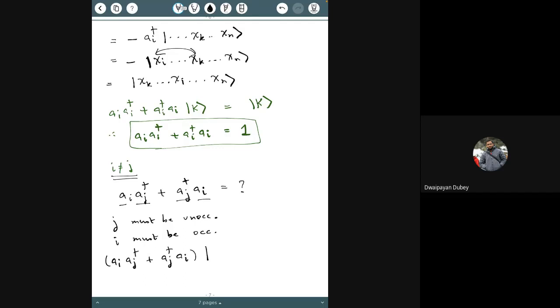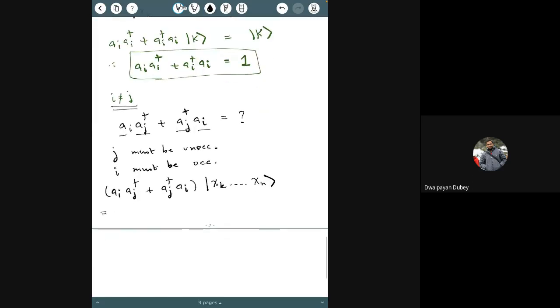And we take a determinant, which is again chi k, something, chi n. Now from the first one, we simply get chi j, chi k, chi n.